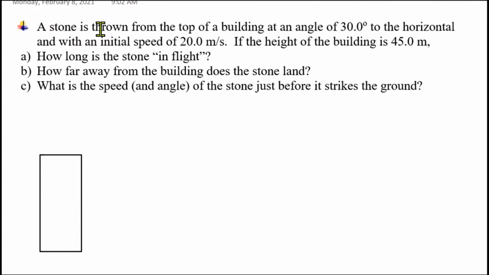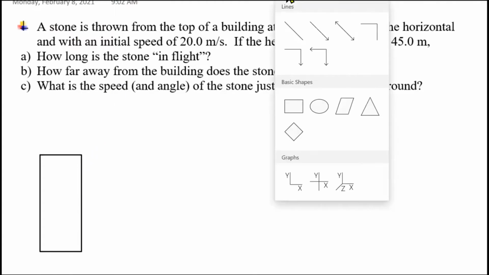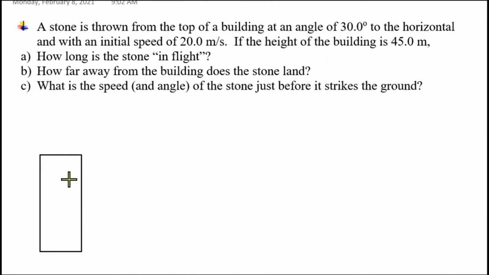So let me sketch the initial velocity. Okay, let's put it right there and kind of like that, right? So what we have is the initial velocity here is equal to 20 meters per second.